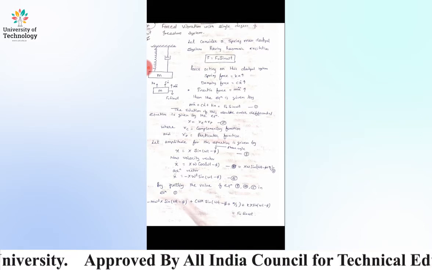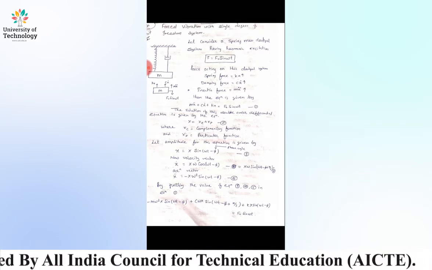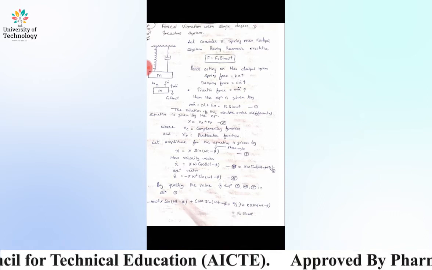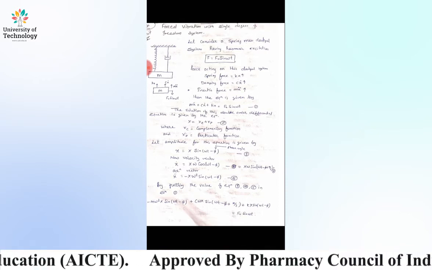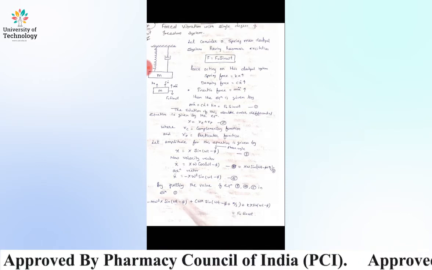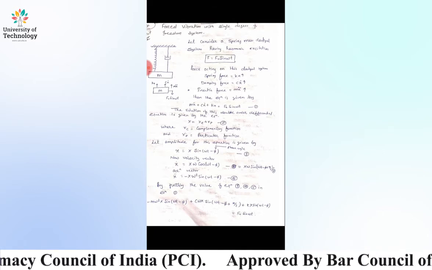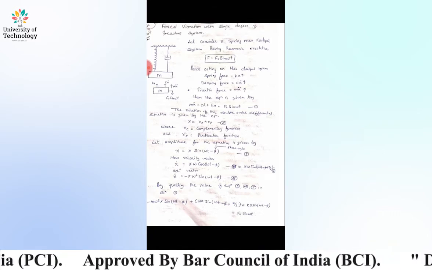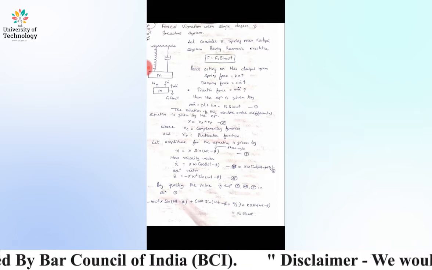When we convert this equation in sine form, then we get x dot is equal to X omega sin omega t minus phi plus pi by 2. That is equation 4.